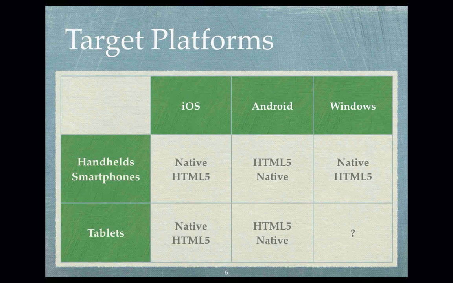And the thing that's exciting about Java is that Java can work on a desktop platform, a web platform, and it can also work on the Android devices as their native language. So it's pretty flexible. We're not going to be using the native languages today. We're going to be using HTML5.